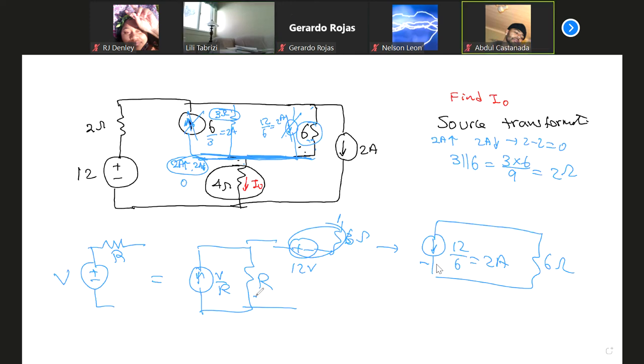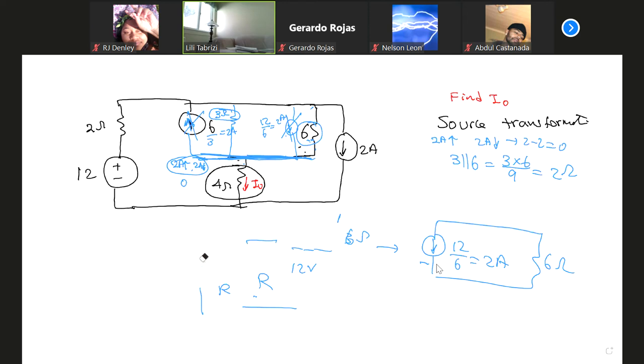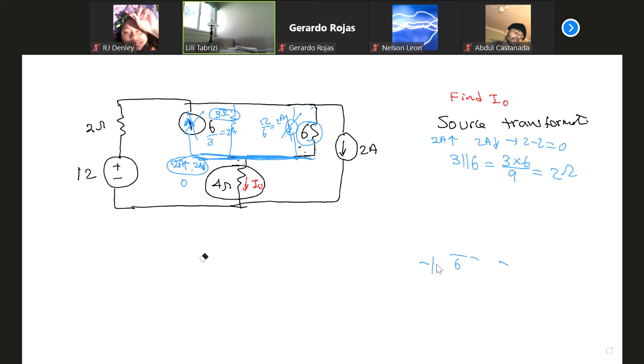Yes. So in this case, let me focus on this part. Since it's a very good technique, I want you to really learn this source transformation. It will really help you a lot in many circuit analysis problems. So for example, let's just focus on this small portion rather than the complete circuit. Originally we had a voltage source, 6 volt and 3 ohm.